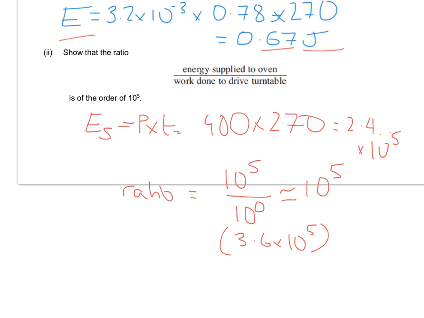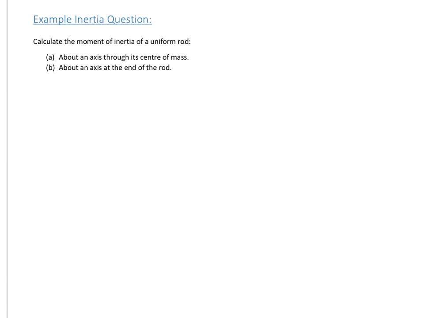Okay, so let's look at some moment of inertia calculations. First of all we want to calculate the moment of inertia of a rod with an axis through its centre. So let's draw a diagram. It's always the best way to start.